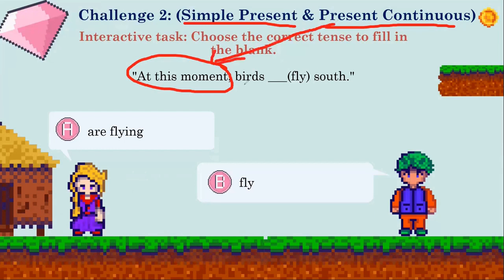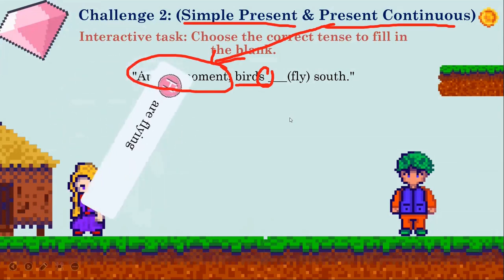And the subject here is plural. So we have to use, yes, option A, are flying, with the verb to be, are, and the verb plus ing, flying, after that. Okay, so let's move on.